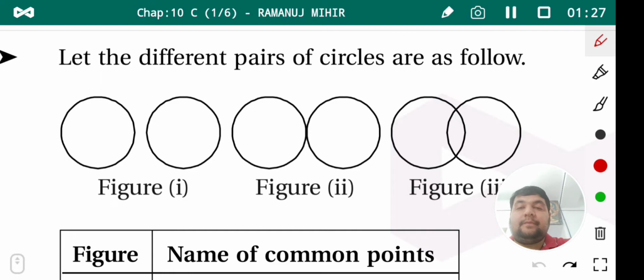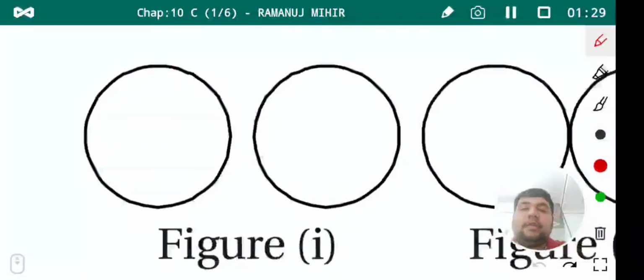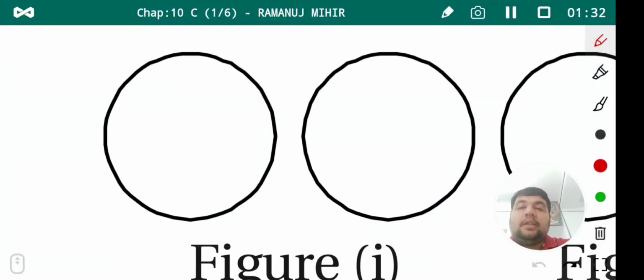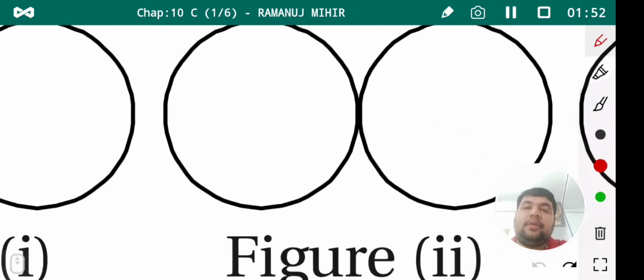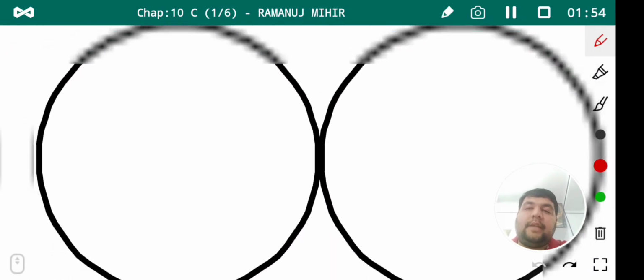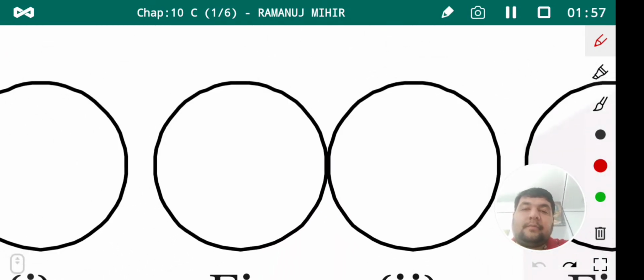Now you can see in figure 1 that these circles are far away from each other. They are not touching at any point. It means they have no point of contact, or they have no common point. Now in the second way you can draw two circles that touch each other only at one point.